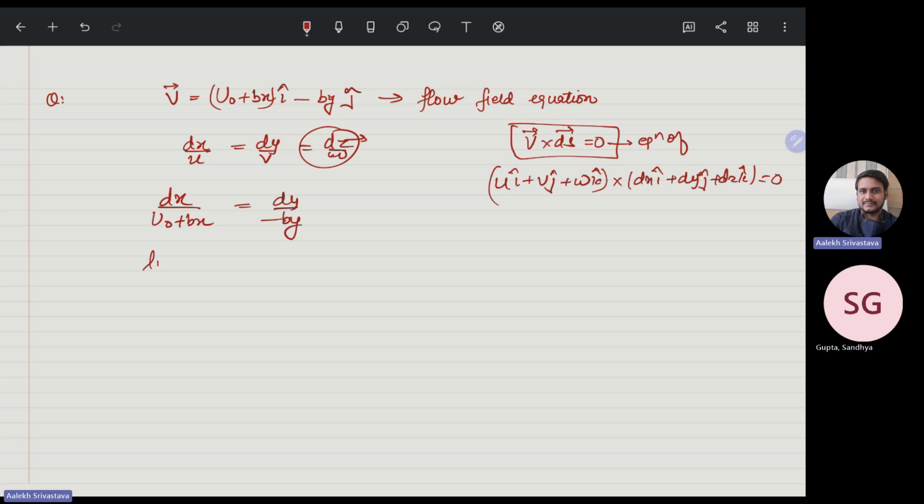If you integrate this, this will be ln of u0 plus bx by b equal to ln of y with a minus sign. The minus will come outside if I take this one by b.